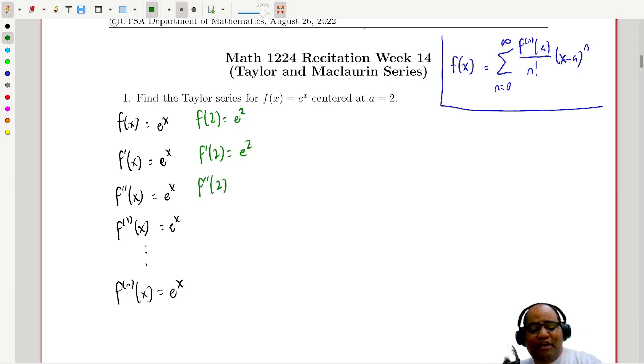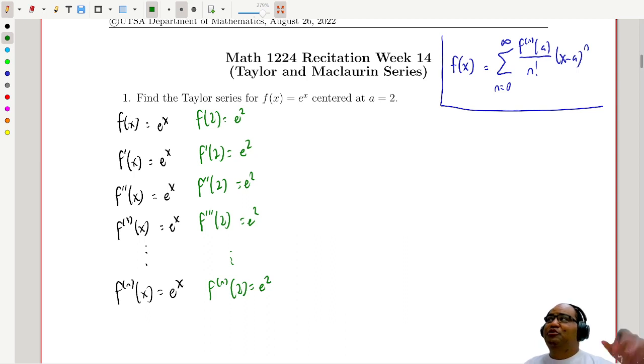All these values are e squared. So we already have a nice pattern here for our Taylor expansion. We took the derivatives, then we evaluated them. What's next? We're going to scale by the factorials.